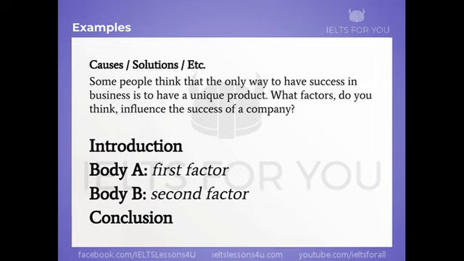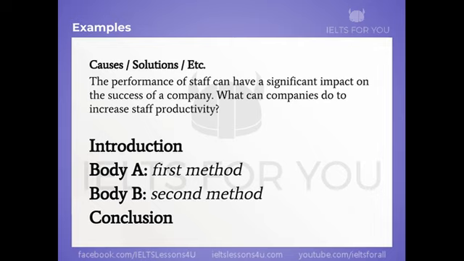If you have 3 good factors that you want to mention, that's possible, and you will learn more about how to do that in Lesson 2 when we talk about body paragraphs. And one more example, the performance of staff can have a significant impact on the success of a company. What can companies do to increase staff productivity? So again, body A, mention 1 method, and body B, mention a second method.